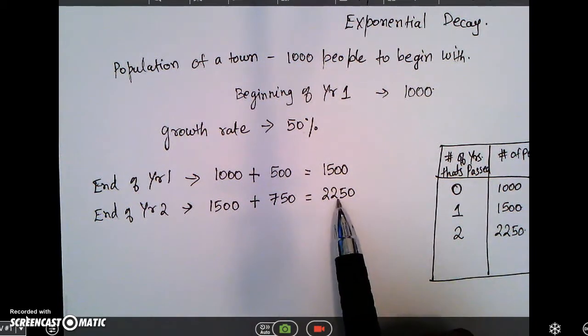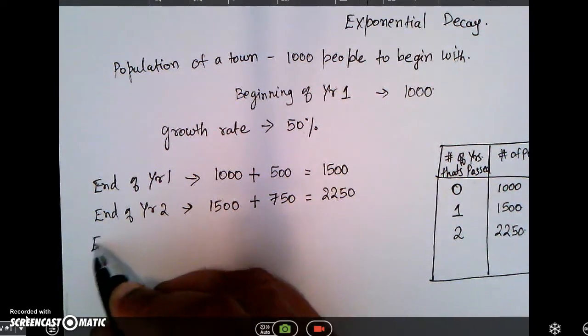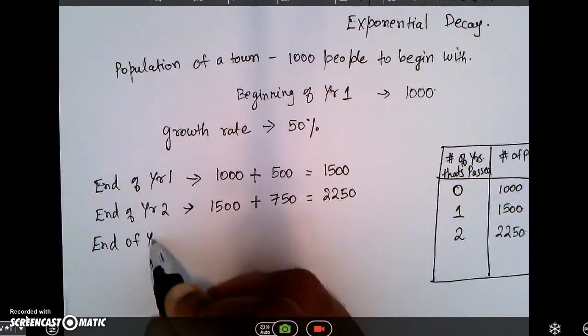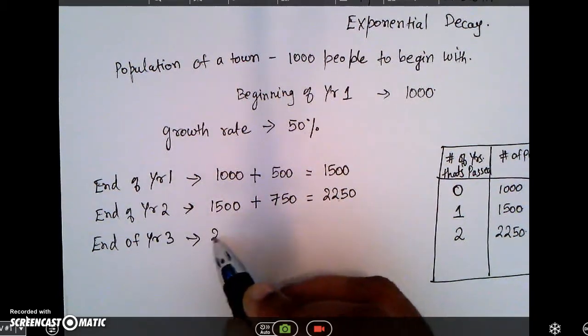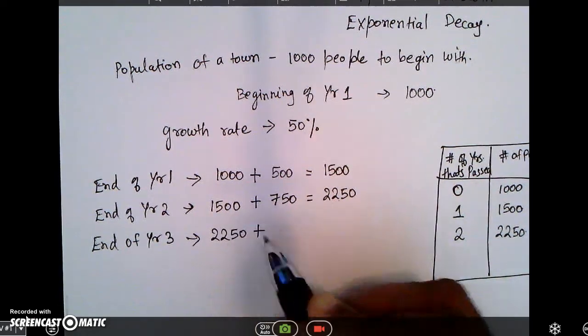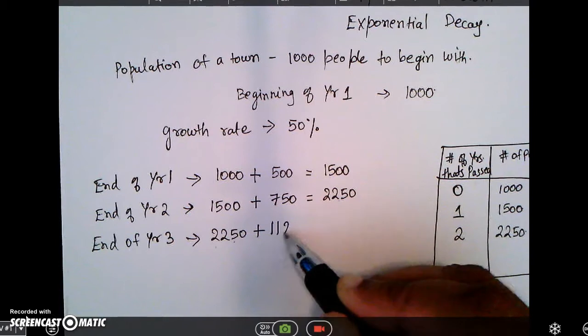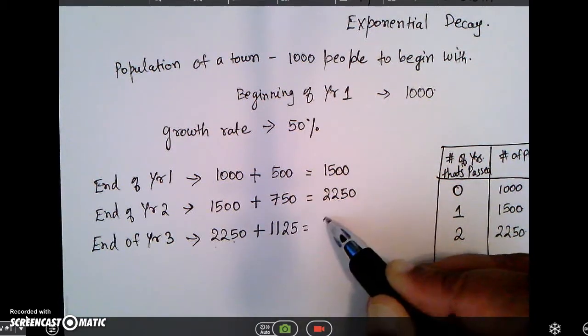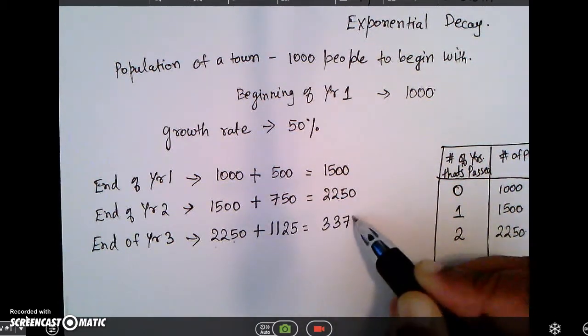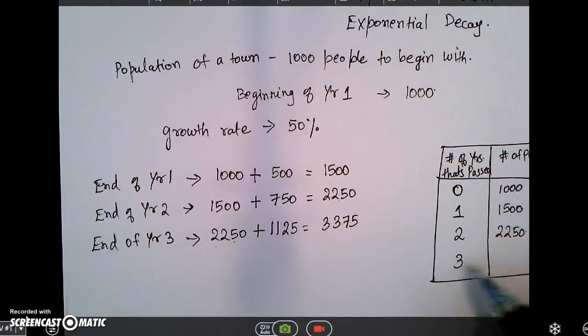Year 2 has ended and year 3 has begun. At the beginning of the third year, I have 2,250 people, and during that third year I'm adding 50% of that, which is 1,125, which gives me 3,375 at the end of year 3.